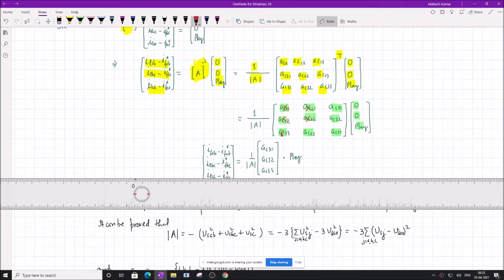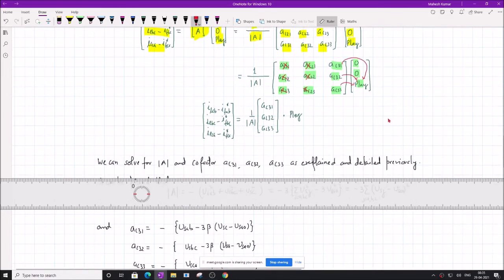We need not compute them; only this into this, this into this and this into this will be useful. Therefore the currents on the left hand side are equal to 1 by delta into AC31, AC32 and AC33 into PL average. So what we need to compute is the determinant value, these cofactors and the average load power.